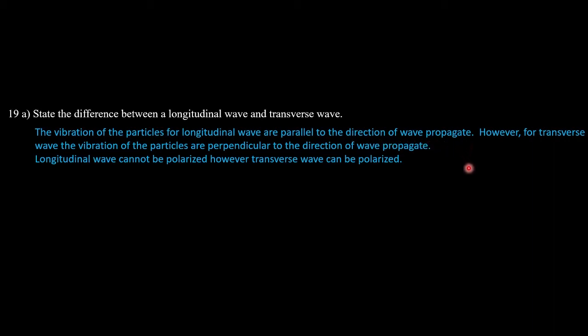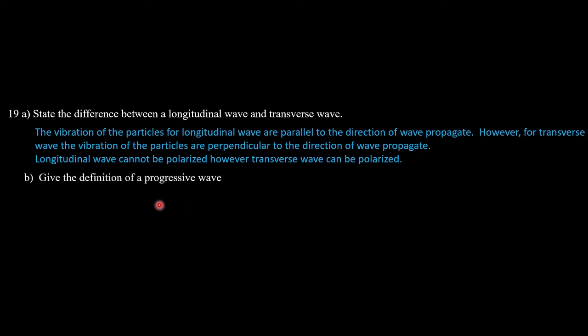But for transverse wave, the vibrations of particles are perpendicular to the directions of the wave propagates. Well, for the second mark, the longitudinal wave cannot be polarized and the transverse wave can be polarized.